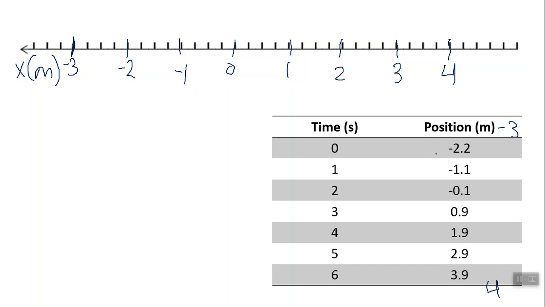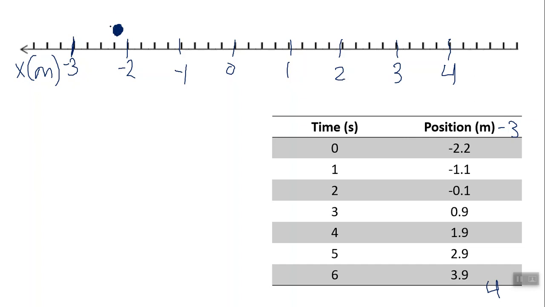Now all I need to do is essentially plot this data on my number line. So I know at time equals 0 seconds, my object was located at a position of negative 2.2 meters. So I'm going to find approximately negative 2.2 on my number line, say around here. And I'm going to represent my lab cart just using a dot. You do not have to actually draw an actual lab cart.